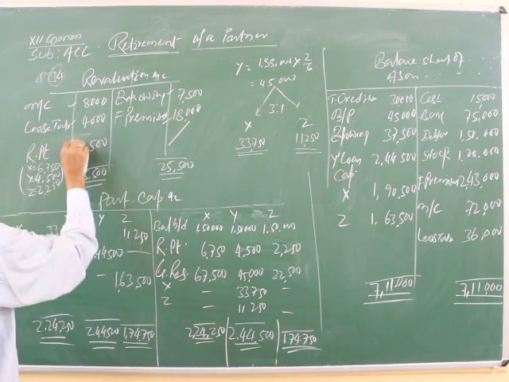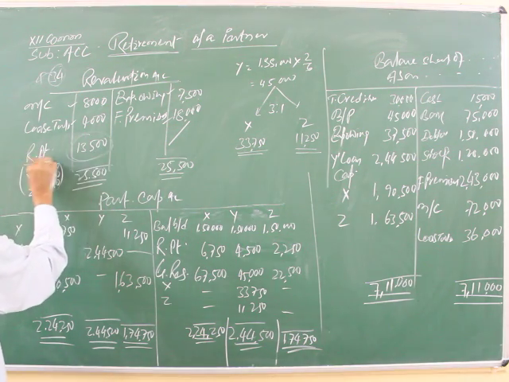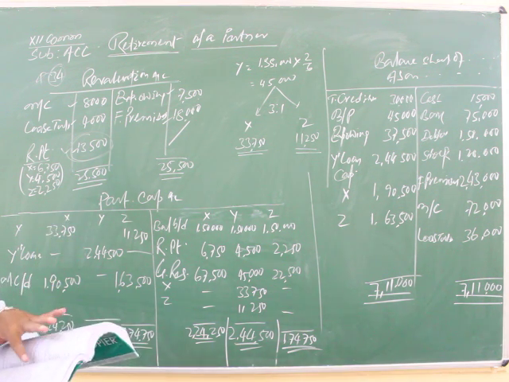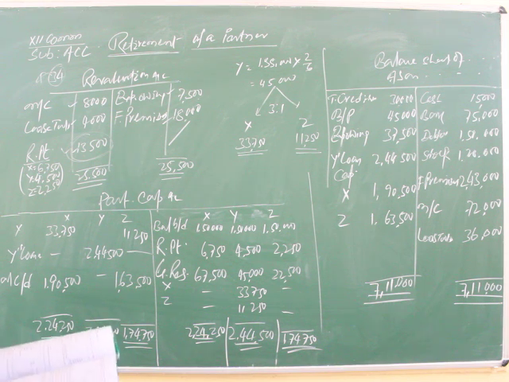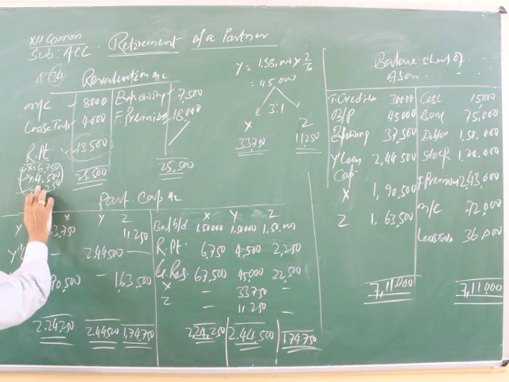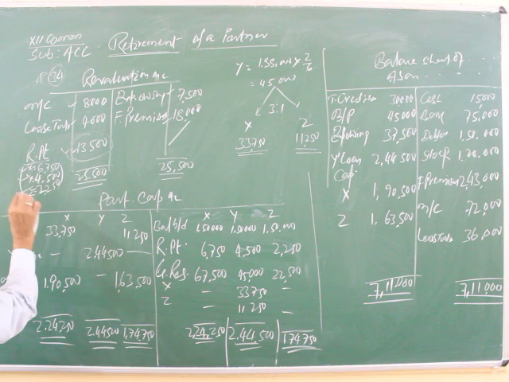Now we are getting the revaluation profit clear, 30,500, that will be distributed between all the partners in their prescribed profit sharing ratio. So X, Y and Z: X is entitled to 13,500, Y is entitled to 9,000 and Z is entitled to 4,500.